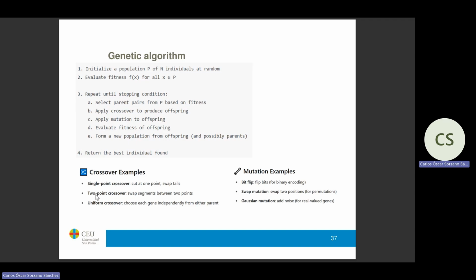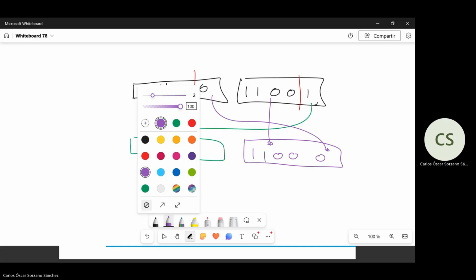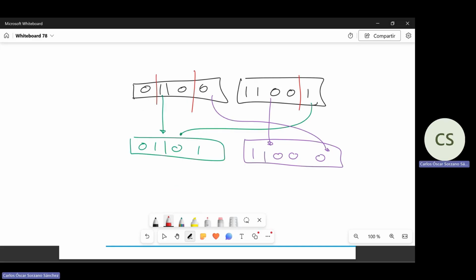Then you can have a 2-point crossover. Instead of choosing 1 point, you choose 2 points, and then you simply swap these 2 groups. So that would be another possibility.